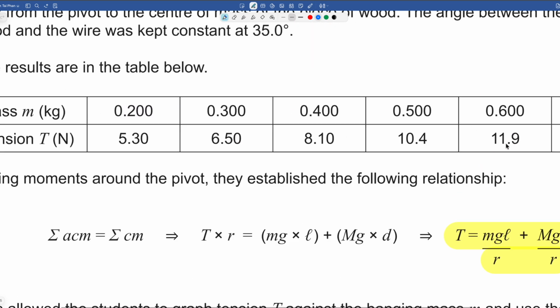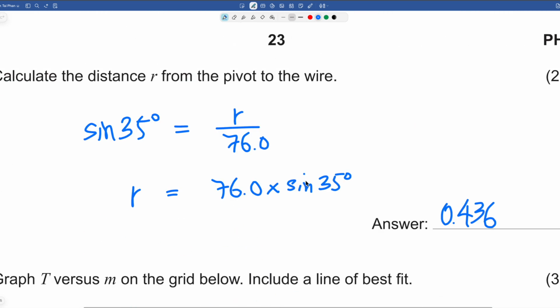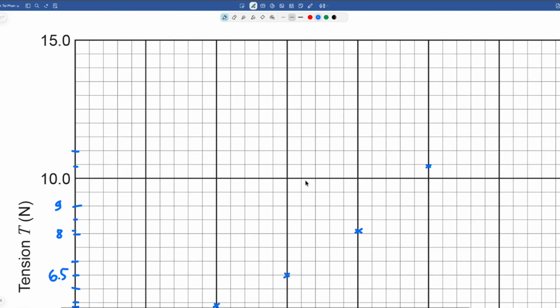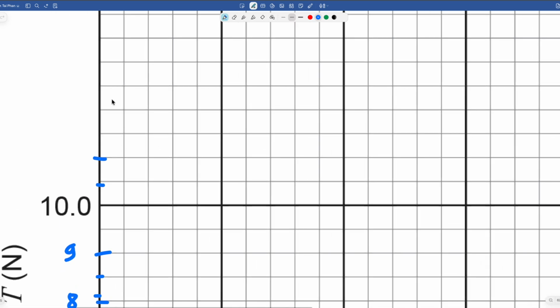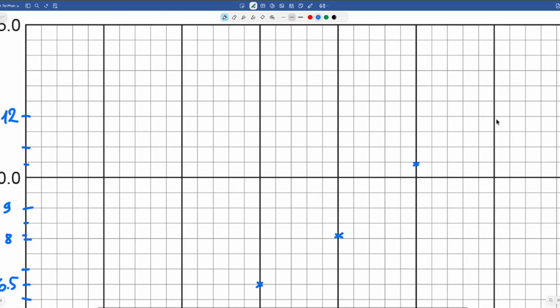Now 0.6 kilogram, 11.9, which is close to 12. This is 12, so 11.9 is very close there, and then here at this point.